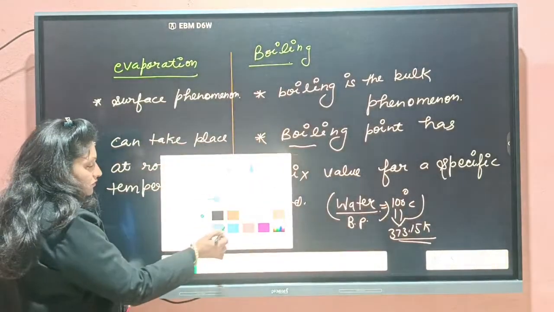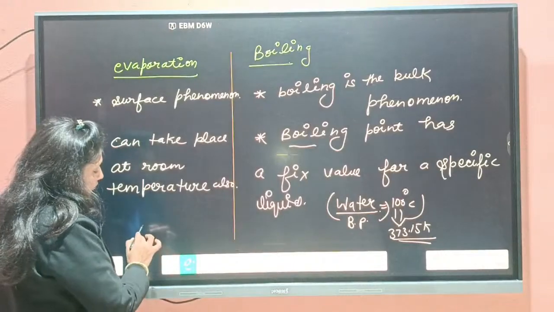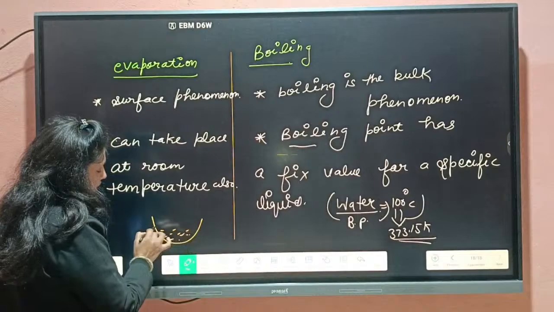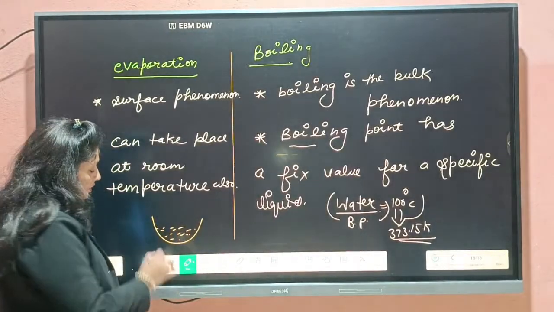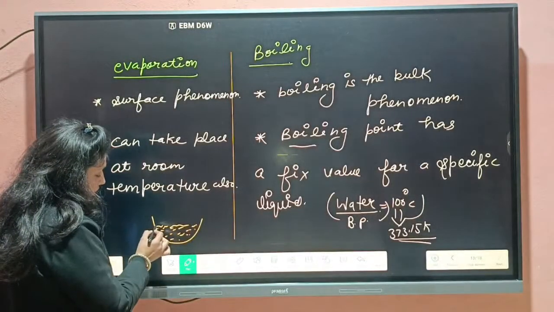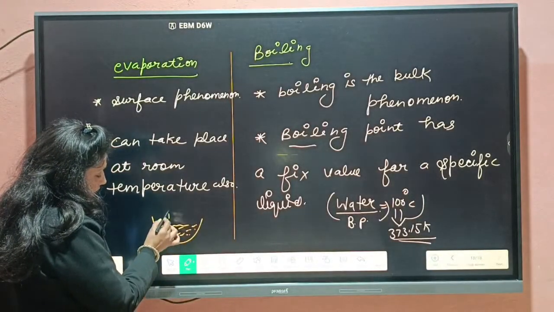So students, evaporation is a surface phenomenon. What do you mean by this? If you are having some water in a container, in any bowl, first of all, the particles of the surface will evaporate.